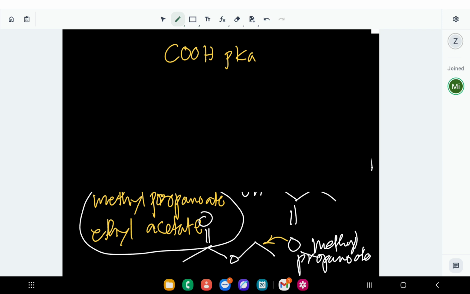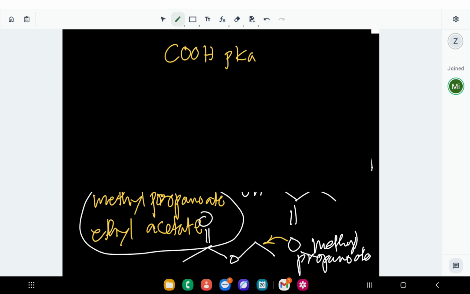And then beta and gamma isomers, which have 1 or 2 carbons farther away, so the COOH is weaker. So you just have to predict the relative pKa by ordering it.